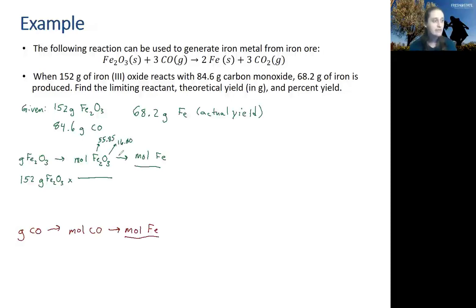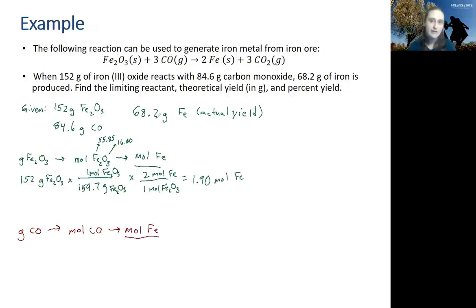And so I need 3 oxygens and 2 irons, which gives me a total mass of 159.7 grams in 1 mole of iron oxide. To convert from iron oxide to iron, I need to use my stoichiometric ratio, which is 1 mole of iron oxide for every 2 moles of iron. At the end of the day, this gives me a total of 1.90 moles of iron.